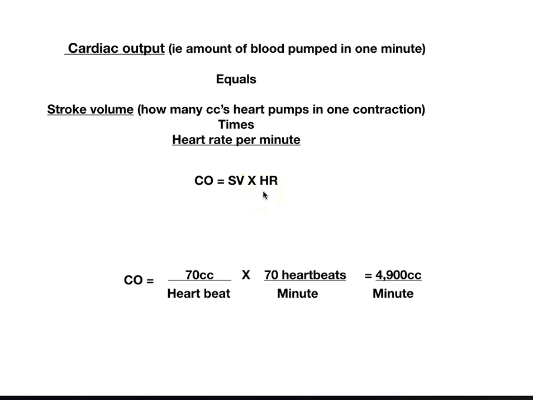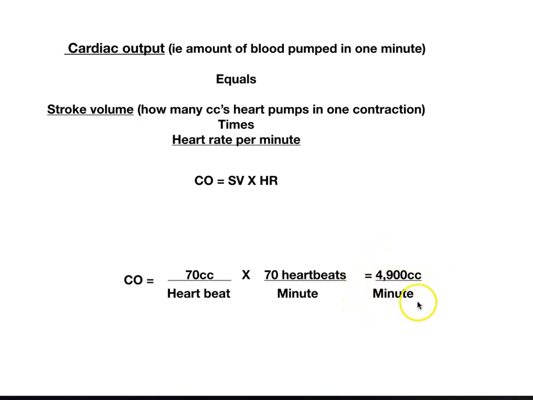So let's plug in some numbers. So this cardiac output is 70 cc's per one heartbeat times your heart rate, 70 heartbeats per minute, and this is on average at rest. So you do the math, cross out those heartbeats, and you get 70 times 70 is 4,900 cc's per minute.